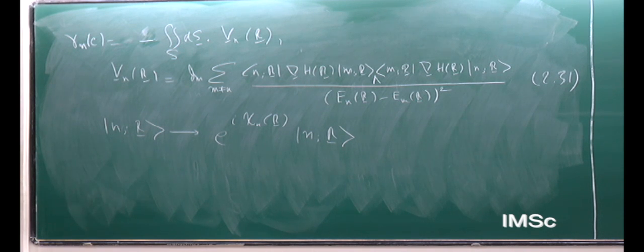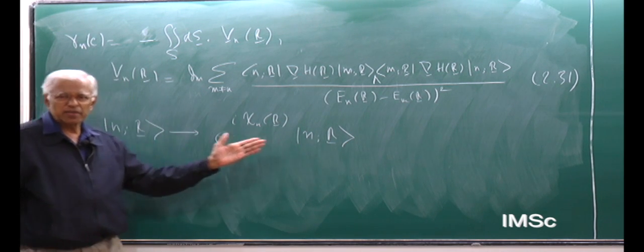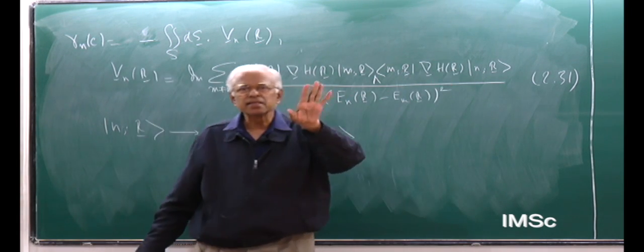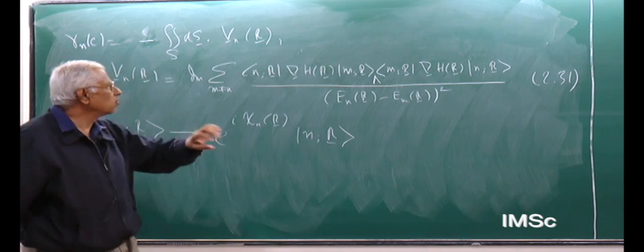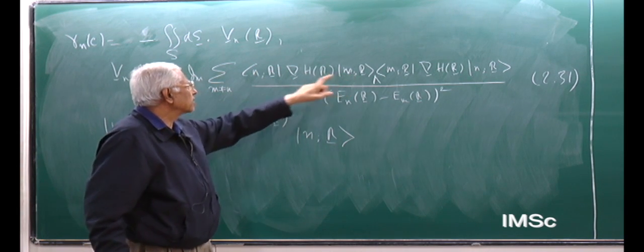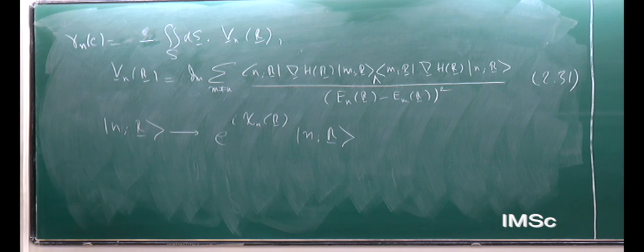So this freedom is always there. And what Berry says at the end of the derivation is that even under such globally well defined phase changes, this expression does not change. Because you have moved the grad operator, instead of acting on the ket vector or bra vector, you have made it act on the Hamiltonian. So that is a nice result.